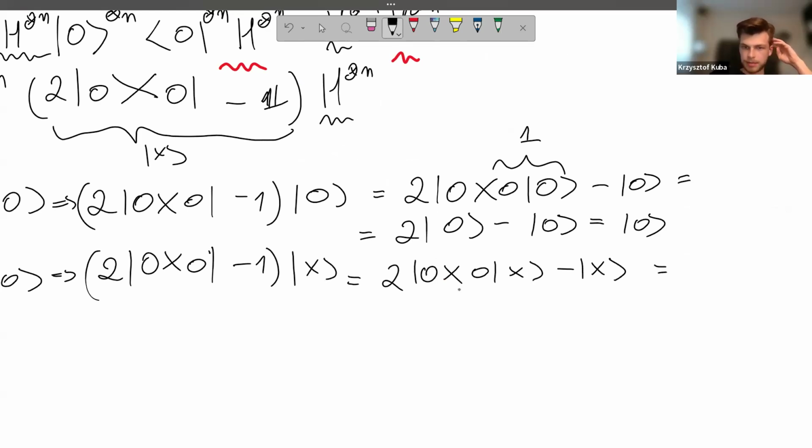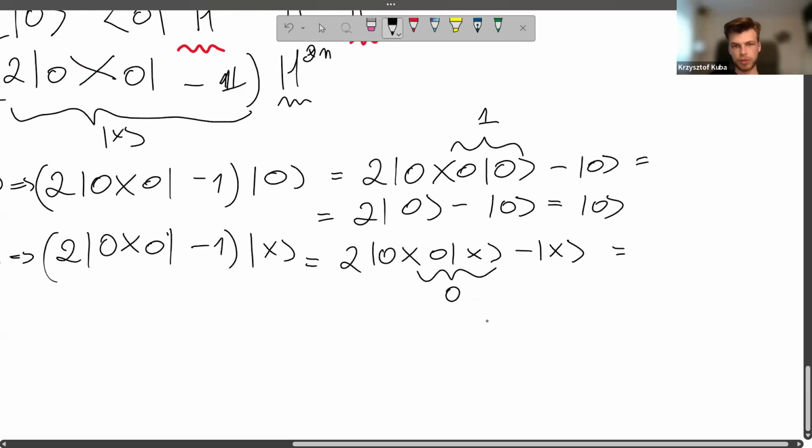Because x is different from 0, the inner product is 0, because they are perpendicular to each other. Therefore, we have obtained minus x.